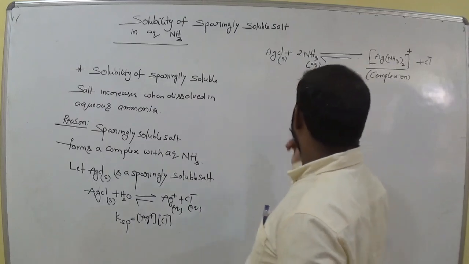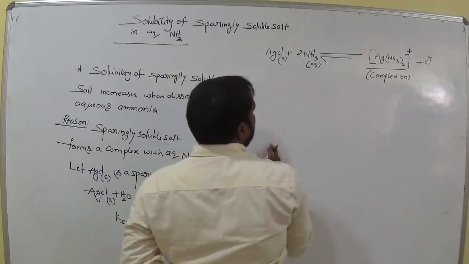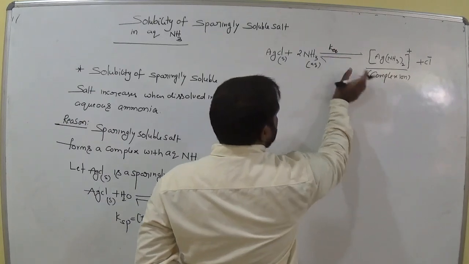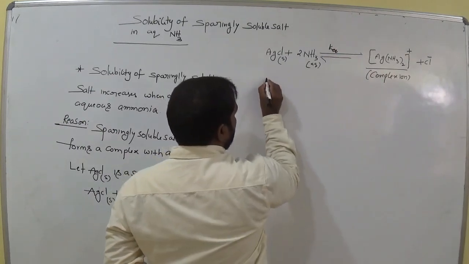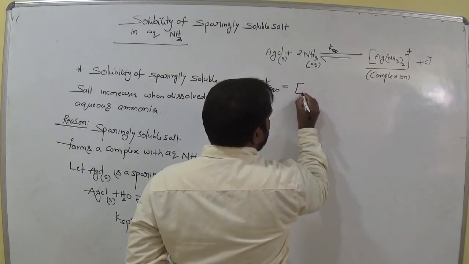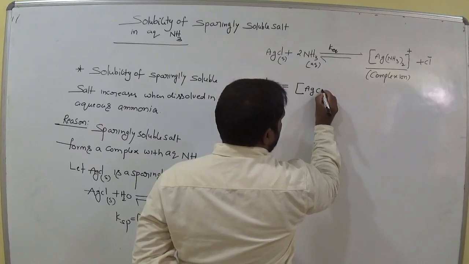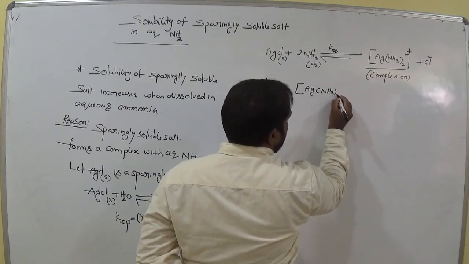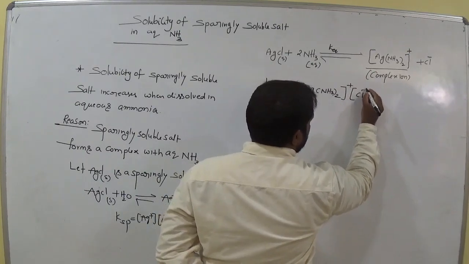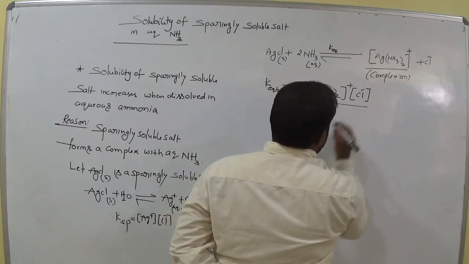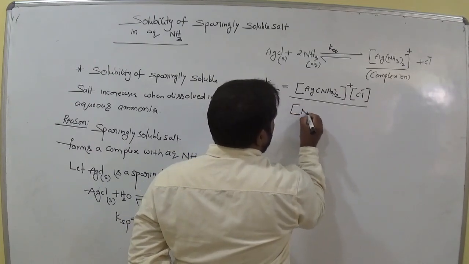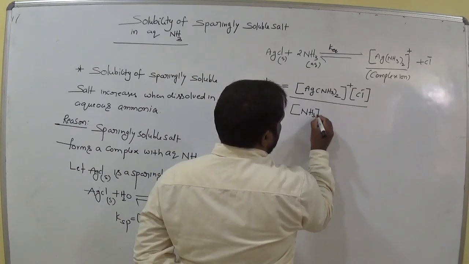Okay, clear. Now in this case we have to write the equilibrium constant, K equilibrium, because it is an equilibrium condition. So K equilibrium equals the molar concentration of Ag(NH3)2 plus and Cl minus, divided by the molar concentration of NH3 to the power 2.